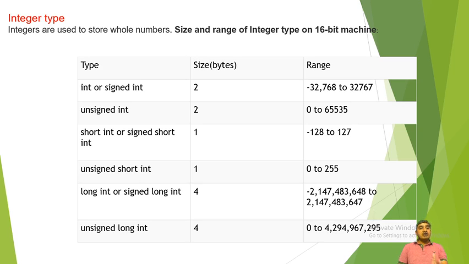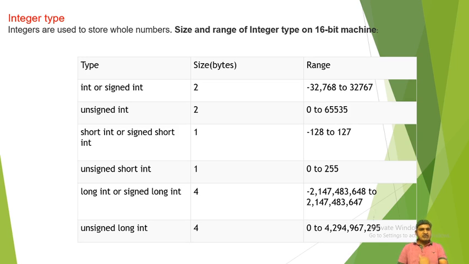Short integer or signed short integer is 1 byte or 8 bits. The range is from -128 to 127. Then unsigned short integer is also 1 byte, and the range is 0 to 255. Generally, if we have to find the range, we have to consider the number of bits.